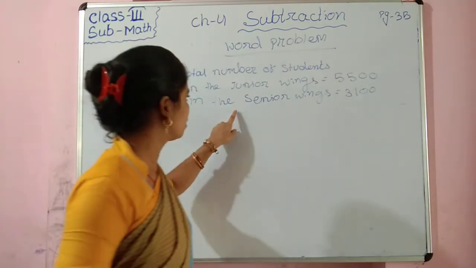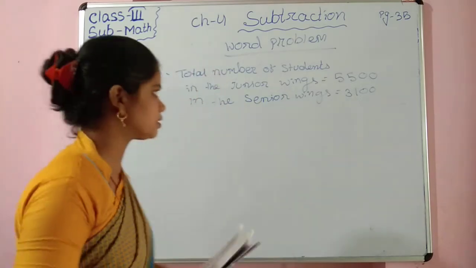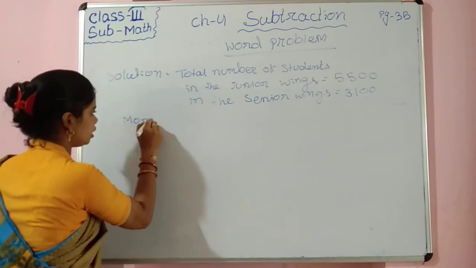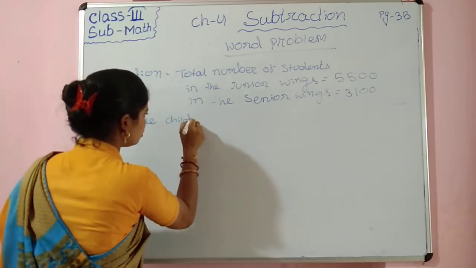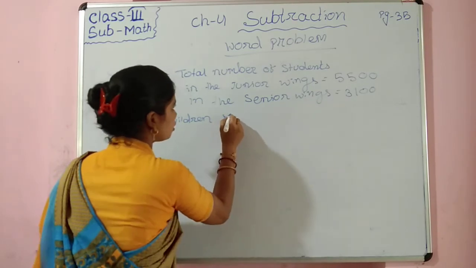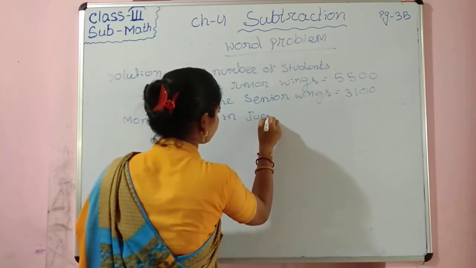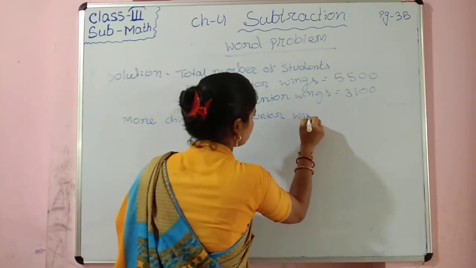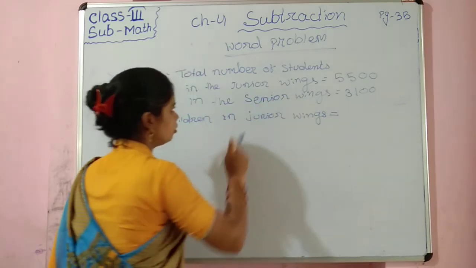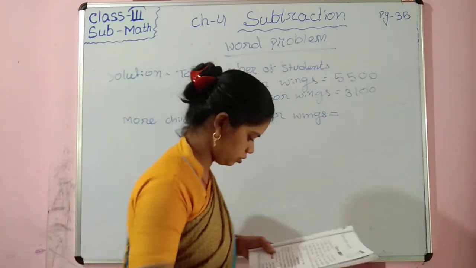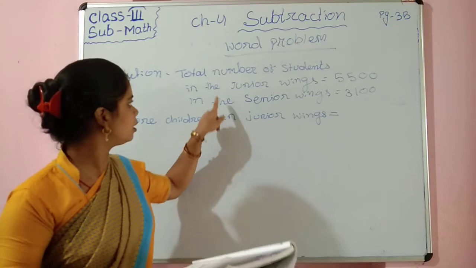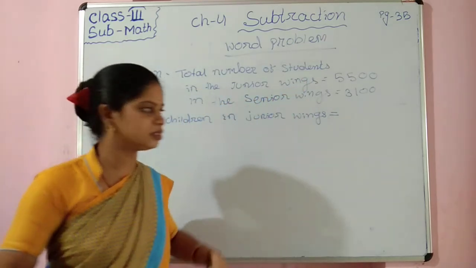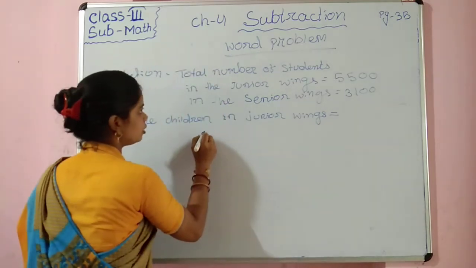So how will we do it? More children in the junior wing is equal to students in the junior wing minus students in the senior wing.